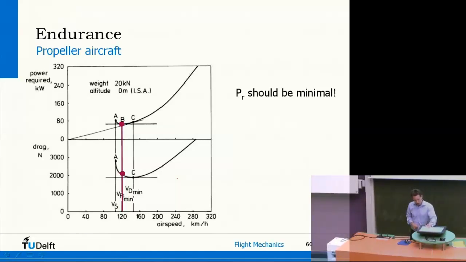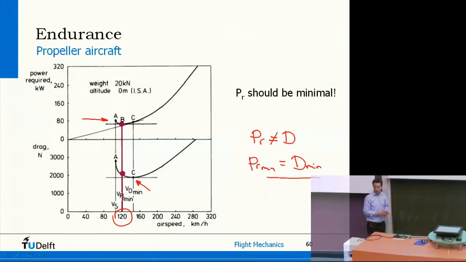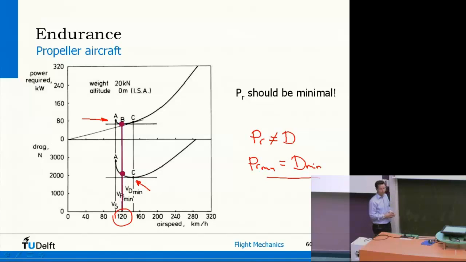And always remember, power is not the same as drag or a force. So the minimum power condition is not the same as the minimum drag condition. Because you can see the minimum aerodynamic drag is basically another point in the curve. Okay?